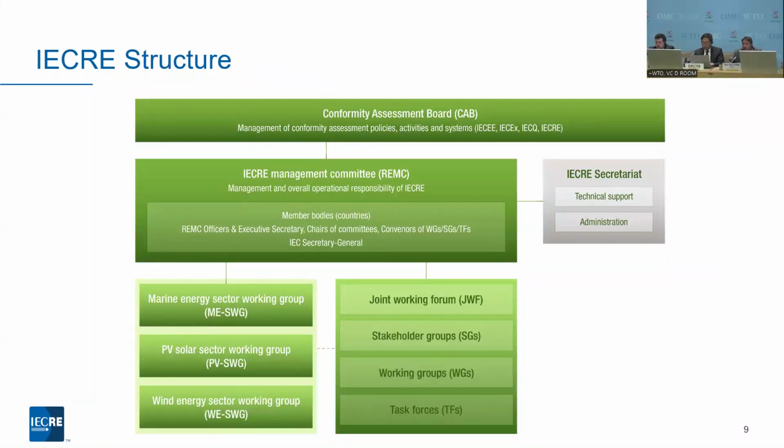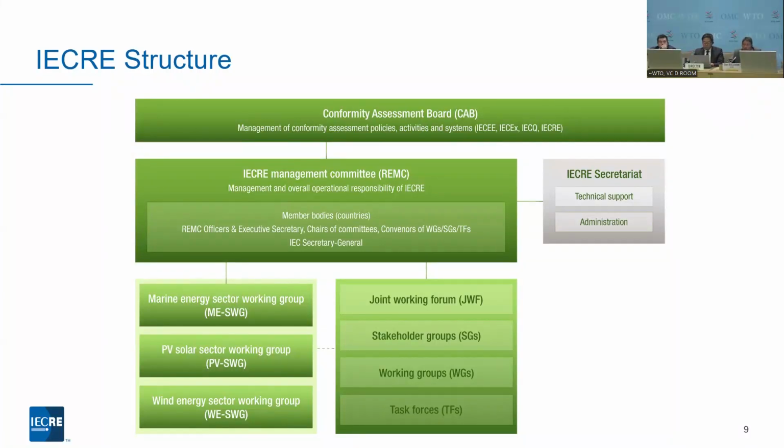So just a bit on the general structure of the IECRE. On the very top, we have what's called a Conformity Assessment Board, or CAB. They have the oversight over all of the 4 IEC conformity assessment systems. And then we have the IECRE Management Board. They make all of the binding decisions for the system, and this is derived from all of the stakeholders in the system, but it's mainly done on a national level.